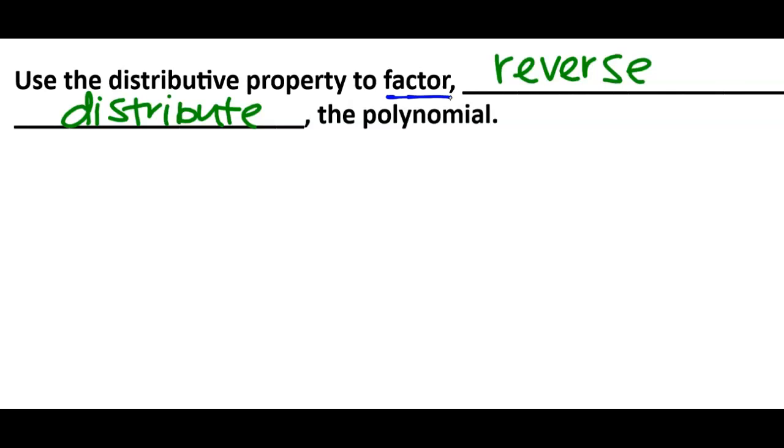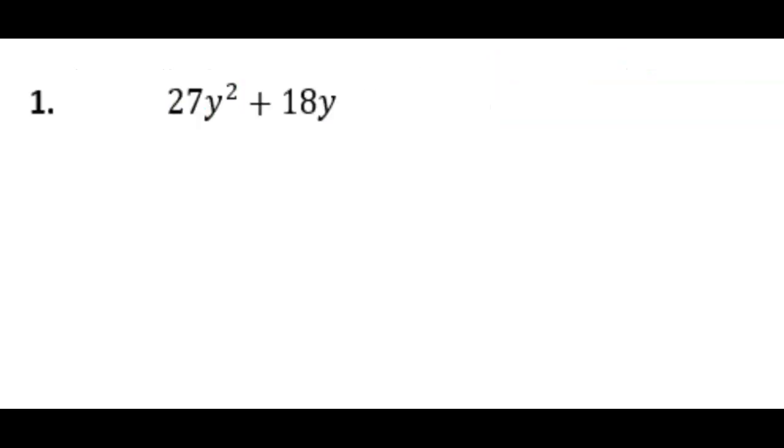And so, like we had two methods for our last section, we're also going to have two methods here. But you need to understand what is the number that these two numbers in front and the two variables have in common.